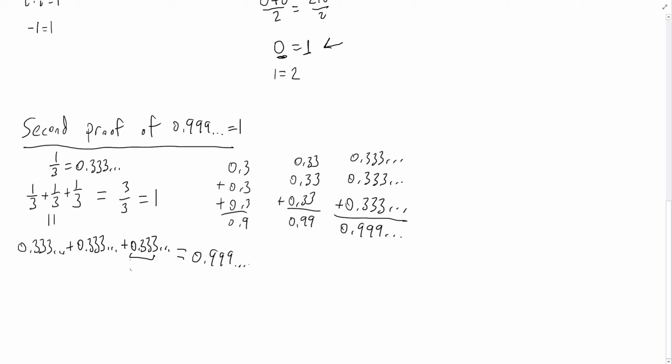It has no other choice. I never get a carry from any specific digit. So, I represented the sum of 3 thirds as 1. But in another branch, I represented the same sum in decimal form as this. So they have to be the same.